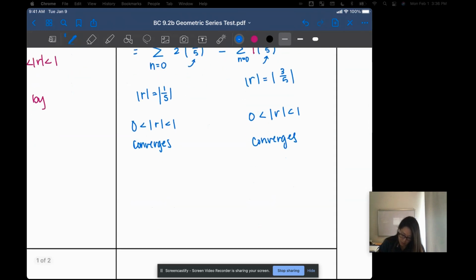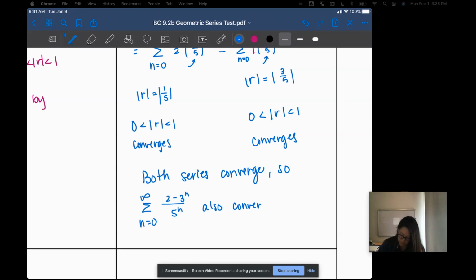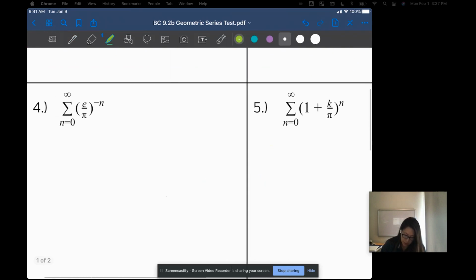So what I know is that both series converge, so the whole thing, the sum from n equals 0 to infinity of 2 minus 3 to the n over 5 to the n, also converges by geometric series test. Okay, so we have to state the condition. Why we know the geometric series test works is because of our r value test here. Okay, all right, let's do two more.